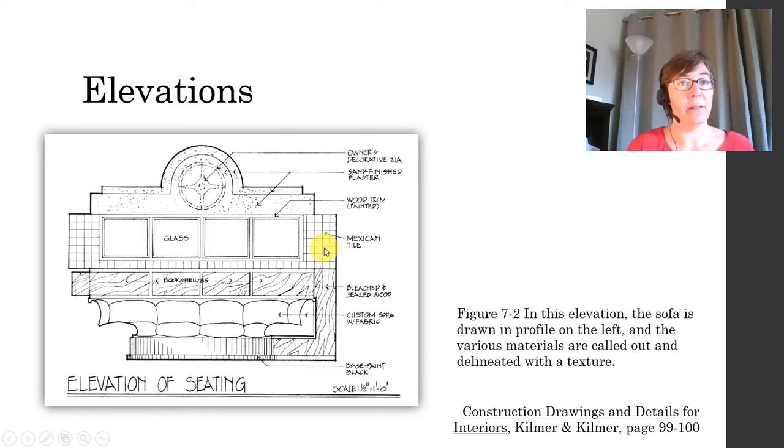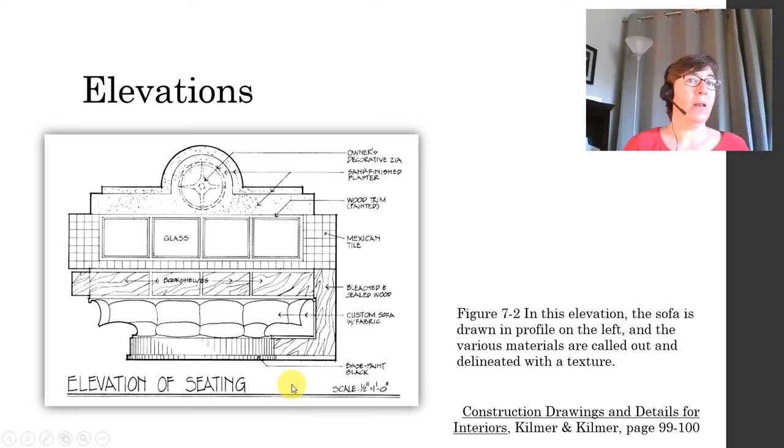Here we've got tile being shown by a grid pattern that is specific to that particular size and spacing of tile. And in these bookshelves and this end panel here of bleached and sealed wood, we're seeing kind of a wood grain pattern being shown.